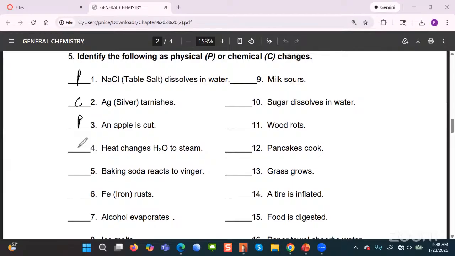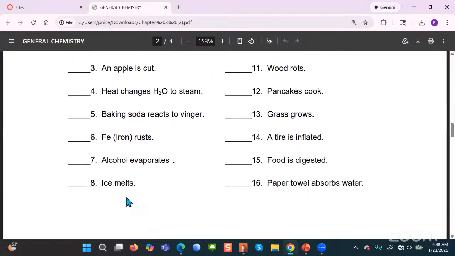Physical. Baking soda reacts with vinegar. Chemical. Iron rusts. Chemical. Alcohol evaporates. Physical. Okay, I need to clear this and scroll down. Ice melts. Physical. So that would be P. All right, so that's that.